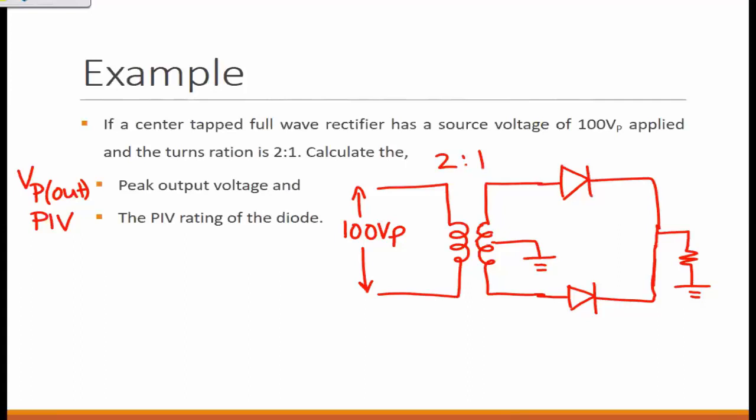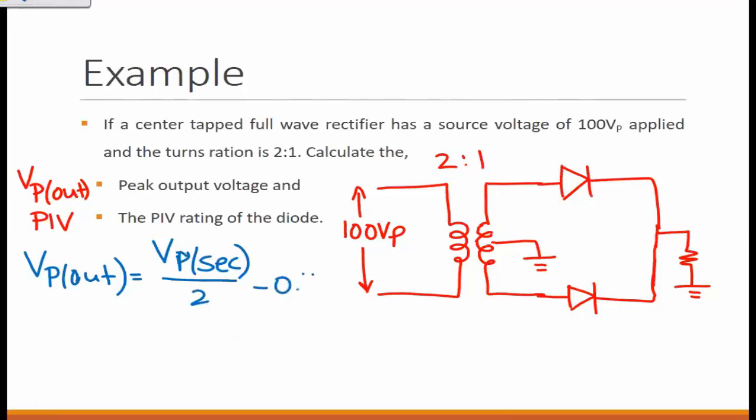So what is the formula for V peak out for the given circuit? It's V peak secondary, that means the secondary voltage of the transformer, which should be in peak, over 2 minus 0.7.